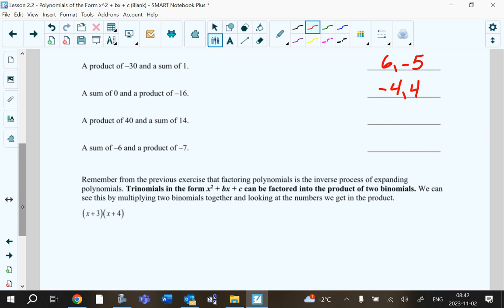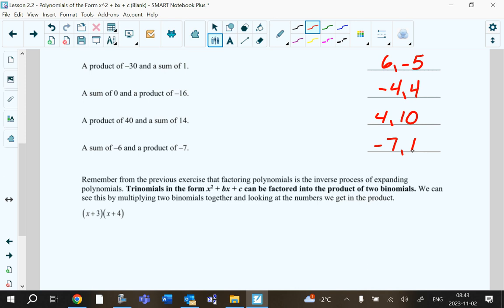Multiply to get 40, add to get 14. 4 and 10, both positive. And finally, add to get -6, multiply to get -7. -7 and +1.